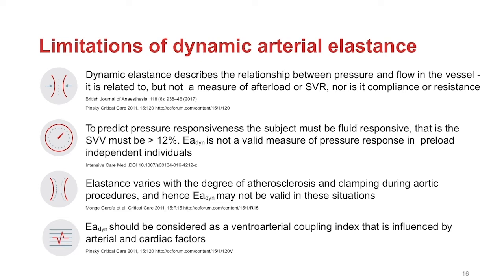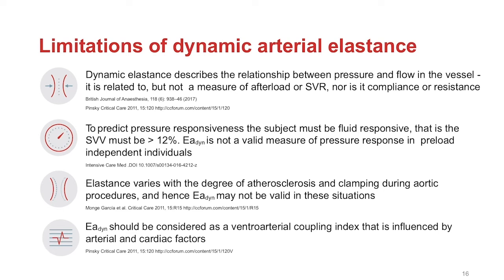For example, at higher MAP, any increase in flow results in a lower increase in mean arterial pressure, as the baroreceptor feedback limits this increase to protect the organism. Due to this, EA-dyne should be considered as a ventriculo-arterial coupling index that is influenced by arterial and cardiac factors. Nonetheless, use of EA-dyne can aid decision-making in the treatment of hypotension, helping decide which patients may respond to fluid and which may need vasopressor therapy or inotropic therapy.